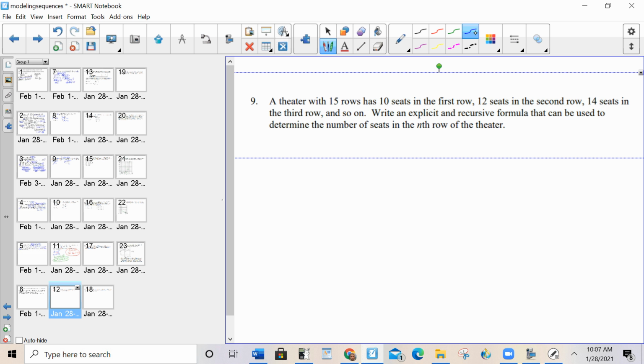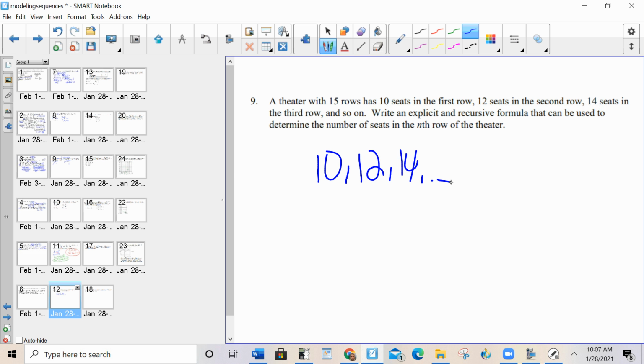Number 9: a theater with 15 rows has 10 seats in the first row, 12 seats in the second row, 14 in the third row, and so on. So it's 10 in the first, then 12, then 14, etc. Write an explicit and recursive formula. Well, this one's pretty obvious. It's plus 2. So d is 2, a1 is 10.